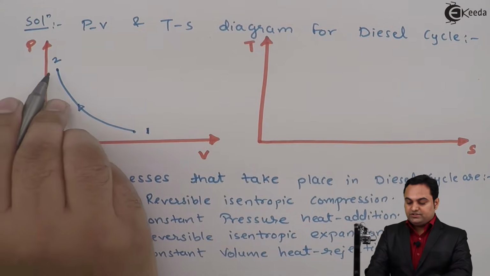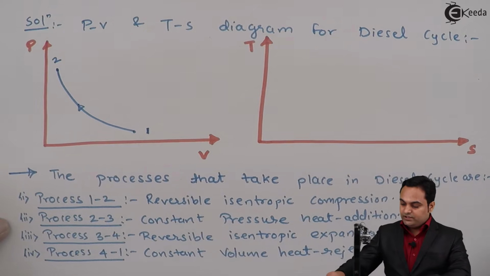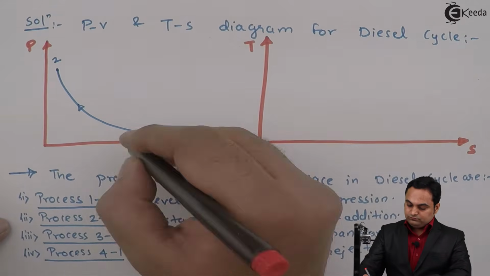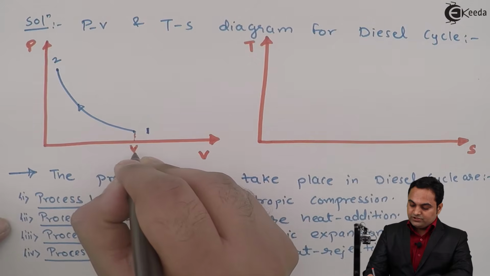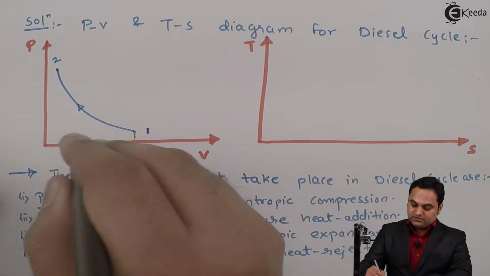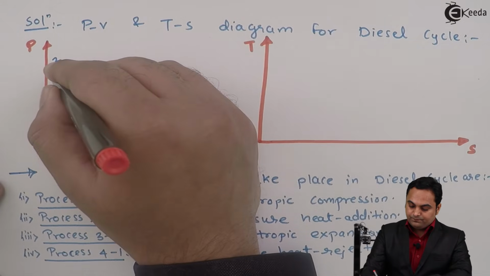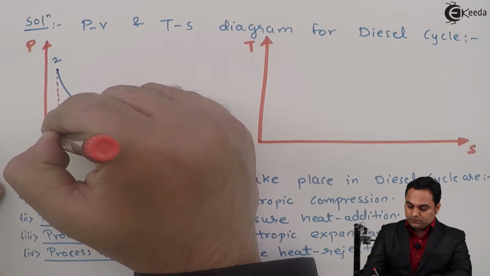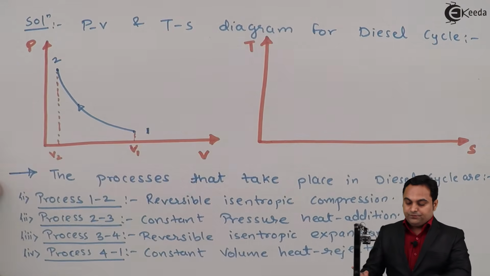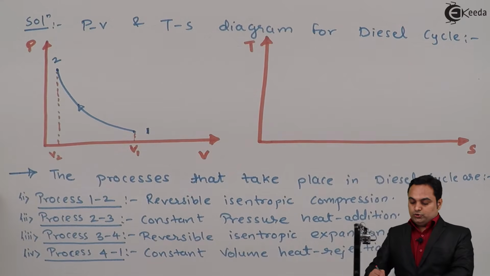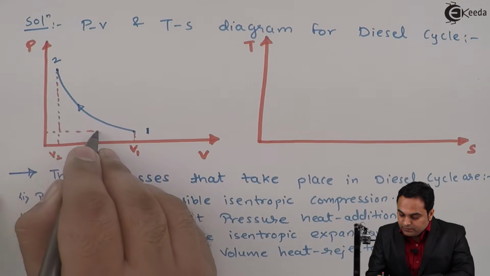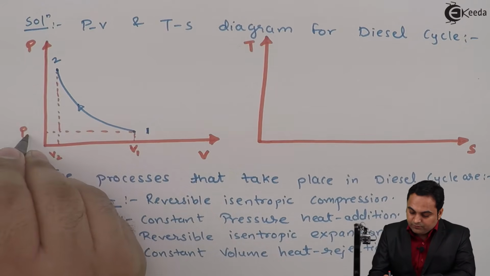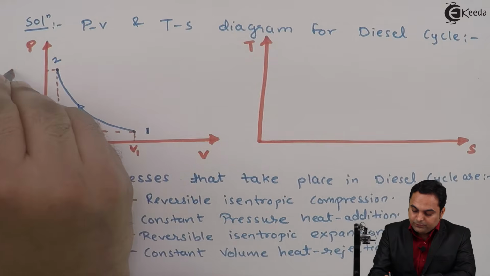So this is the isentropic compression process, wherein as we can see the volume at point number 1, which is V1, is greater and the volume at point number 2 is smaller. So during the compression process volume decreases, but there is a rise in pressure from P1 to P2.